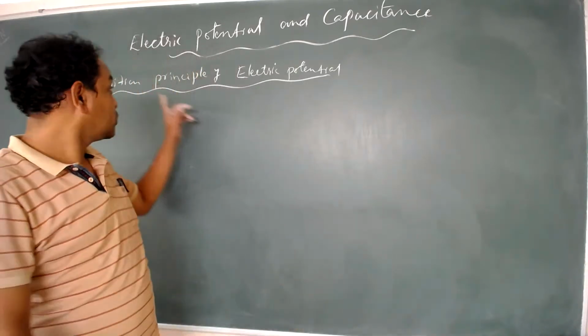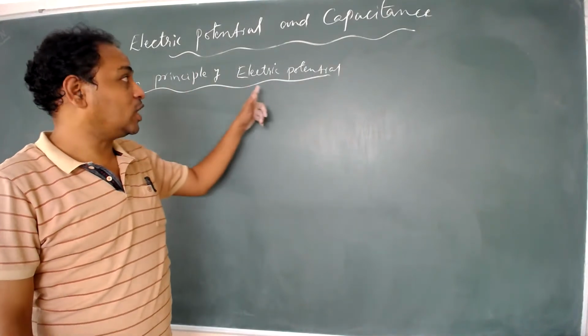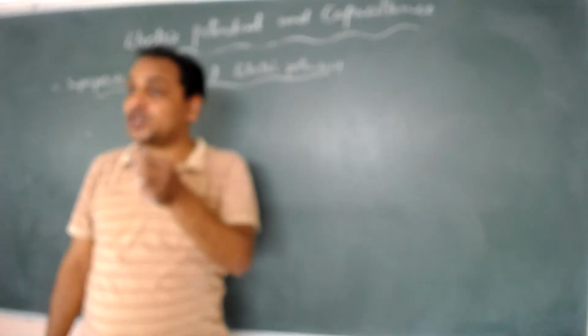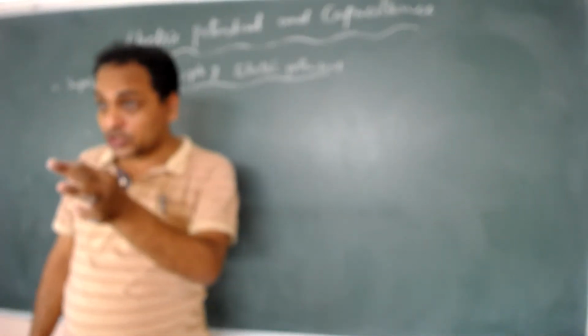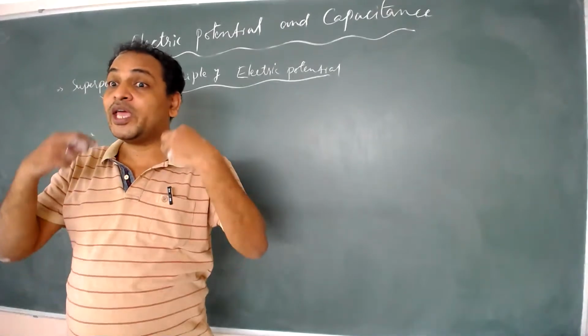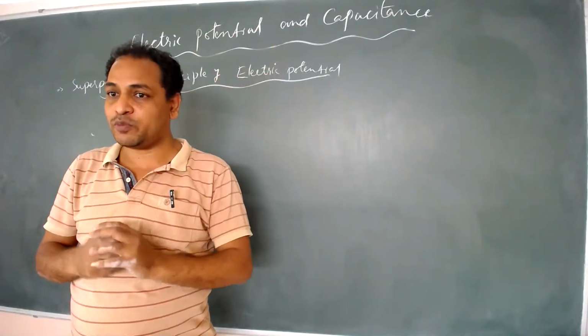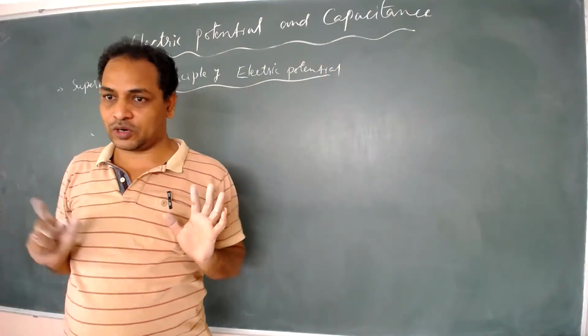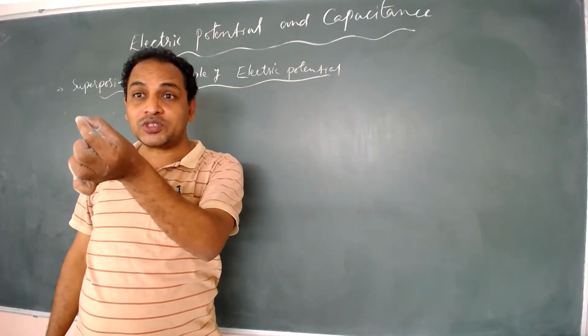Similarly, here also, superposition principle of electric potential means the total potential at a point due to n number of charges distributed. Suppose n charges Q1, Q2, Q3 and so on are distributed. At a particular point, how much potential is there?